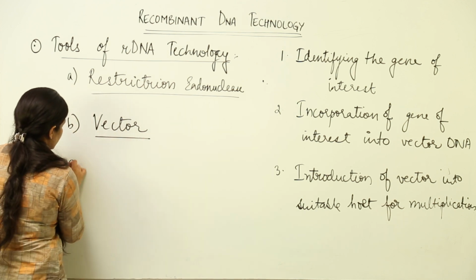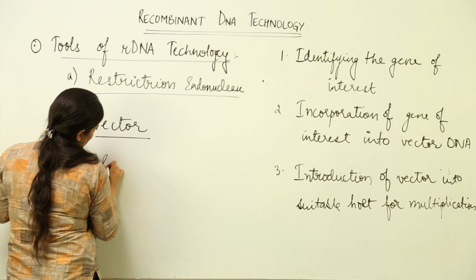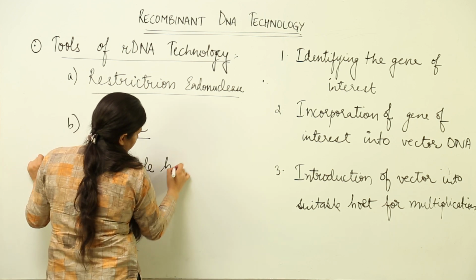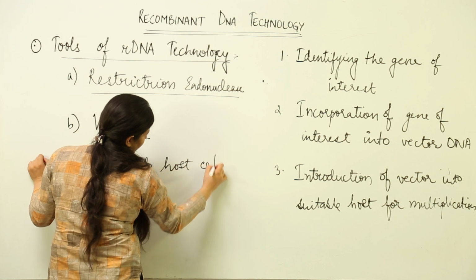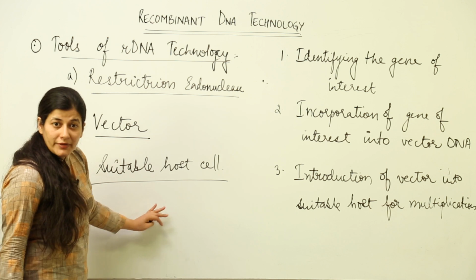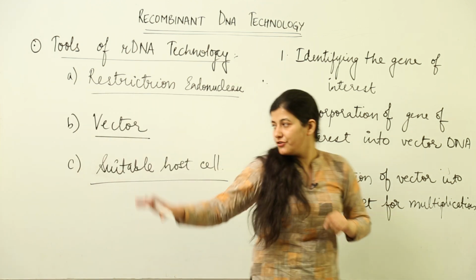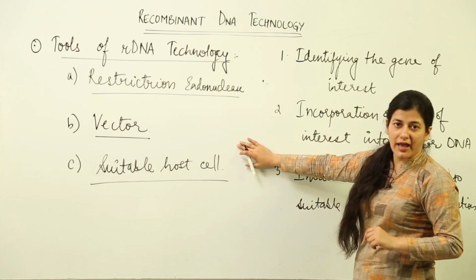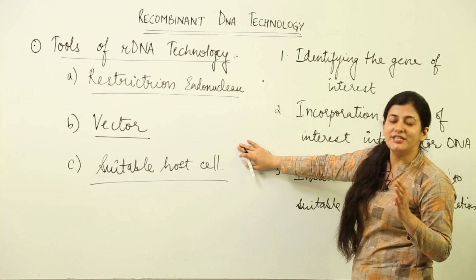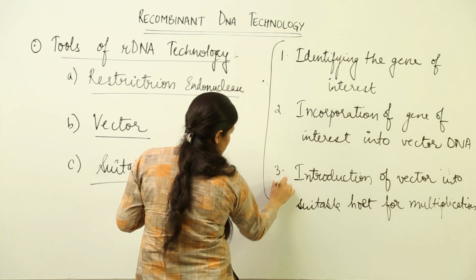Okay, and that particular cell would be a suitable host cell that is ready to take up the recombinant DNA which is present inside the vector. So, these are the 3 tools which are required for carrying out the recombinant DNA technology in order to obtain a genetically modified organism, which is obtained by following these 3 steps.